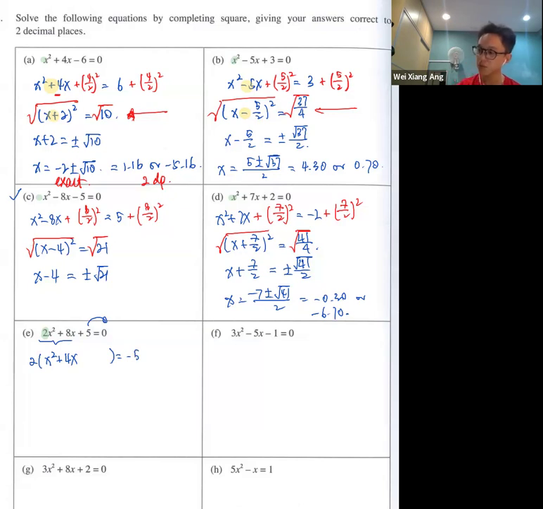Then I'm going to look at the terms inside the bracket and complete the square inside the bracket. The same process: I look at the coefficient of x, this is 4, divide by 2, and then square it. It's the same process, it's just that you need to factorize your 2 out first.